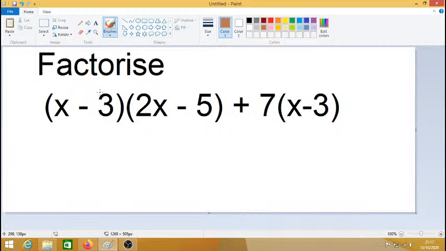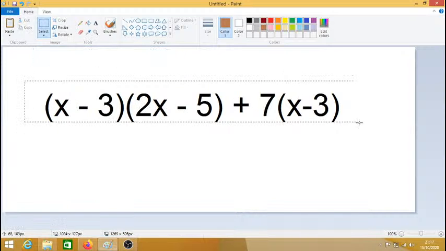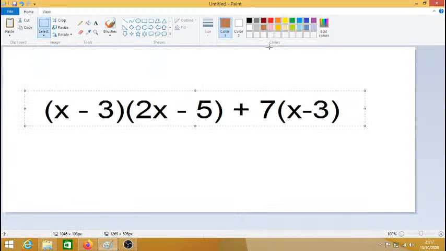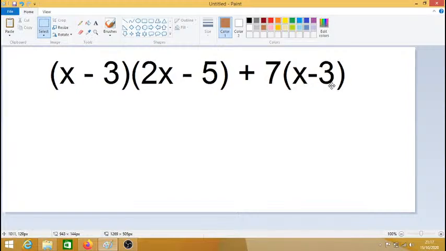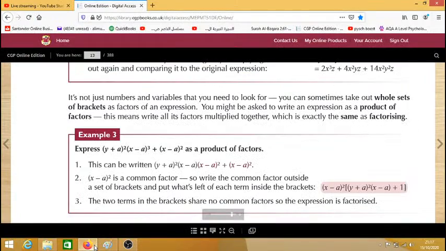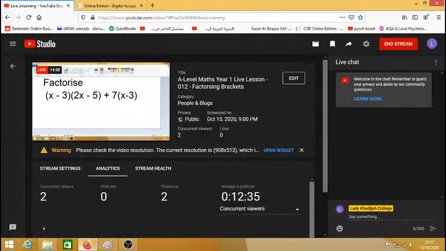Okay, bismillah. Hopefully you've spotted a common factor. I'm just going to take the wording out just to make a bit of space. Common factor in both is the, you tell me, if you know.